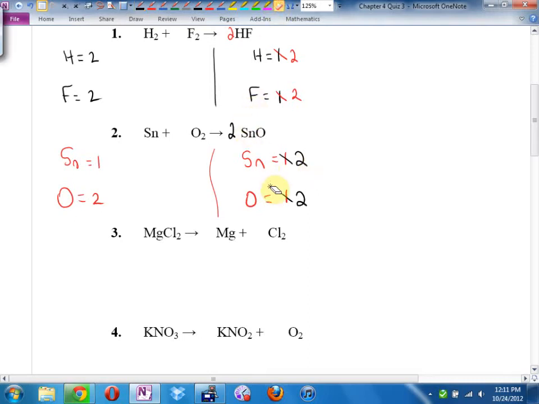How can I fix that? Oh, are you saying I can put 2 there? Yep. What number is in front right here, by the way? It's invisible. 1. Just making that point. So I would give you 1 mark for a 2 right there and 1 mark for a 2 in front of the Sn, 1 mark for a 2 in front of the SnO.